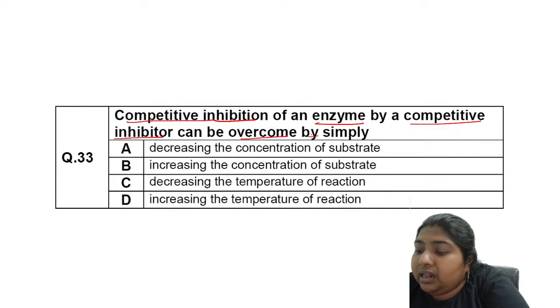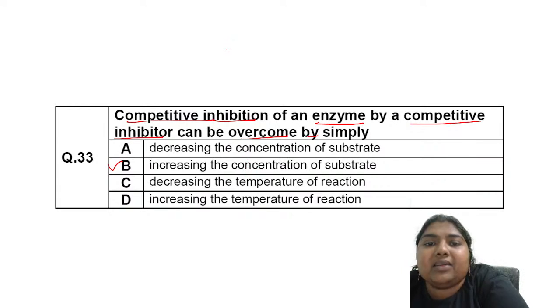So how will you overcome the competitive inhibition? You are going to decrease the substrate, you are going to increase the substrate, you are going to decrease the temperature, increasing the temperature. A few options are very dummy for you. Yes, very good. You are going to increase the enzyme concentration.